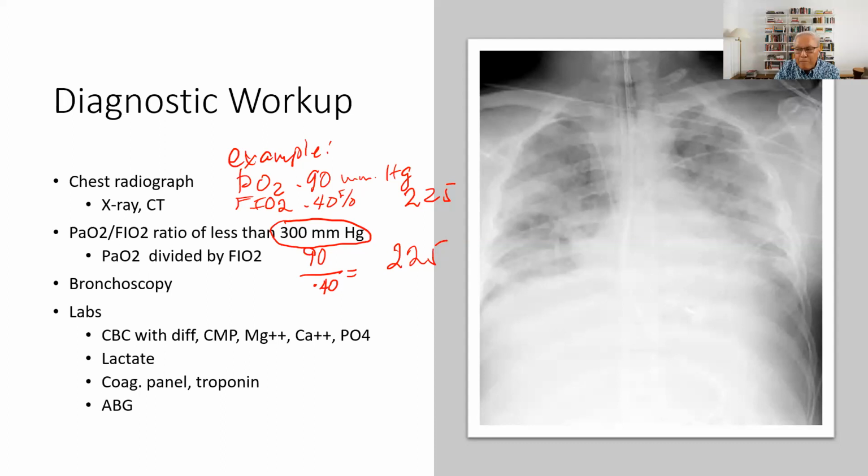A CMP, or a comprehensive metabolic panel, also is going to be valuable in order for us to determine if there are other abnormalities that might affect not only the progress of the patient, but also the treatment. A coagulation panel, as well as troponin and ABG, is also going to be included in the diagnostic workup of the patient.